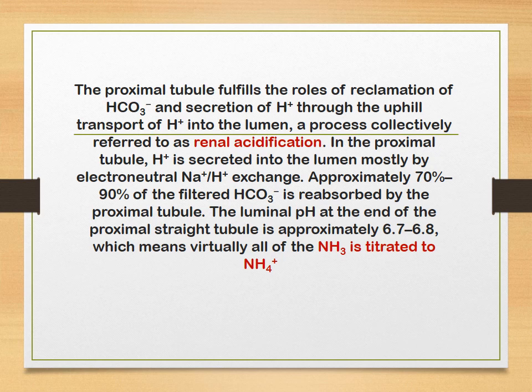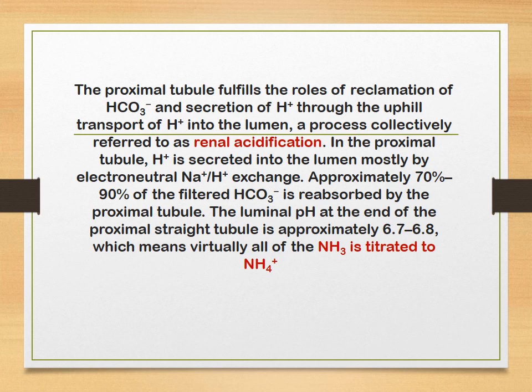The secretion of hydrogen ion into the lumen, as mentioned before, in the proximal tubules, usually results in net reabsorption of bicarbonate, referred to as renal acidification. Approximately 70 to 90% of filtered bicarbonate is reabsorbed this way by binding with hydrogen ion.